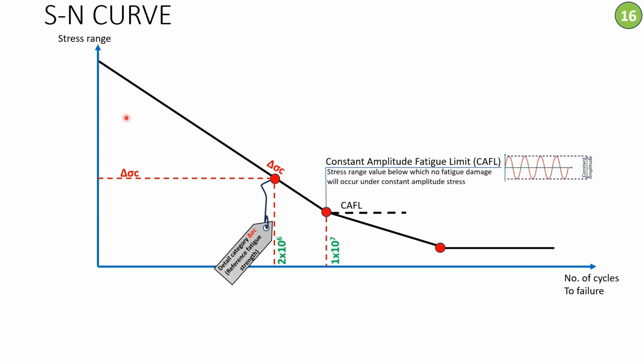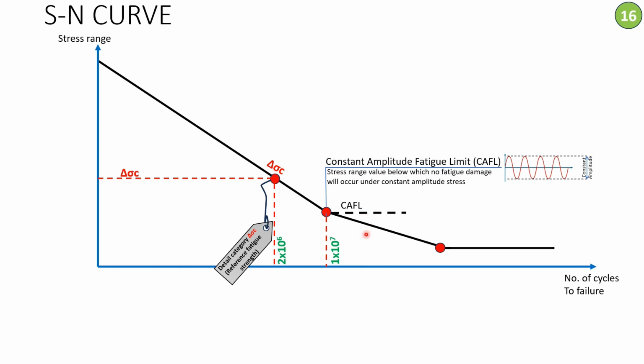The second point we call the knee point, which is the constant amplitude fatigue limit, CAFL. In AASHTO, it is called the constant amplitude fatigue threshold, CAFT, and is a stress range value below which no fatigue damage will occur under constant amplitude stress.